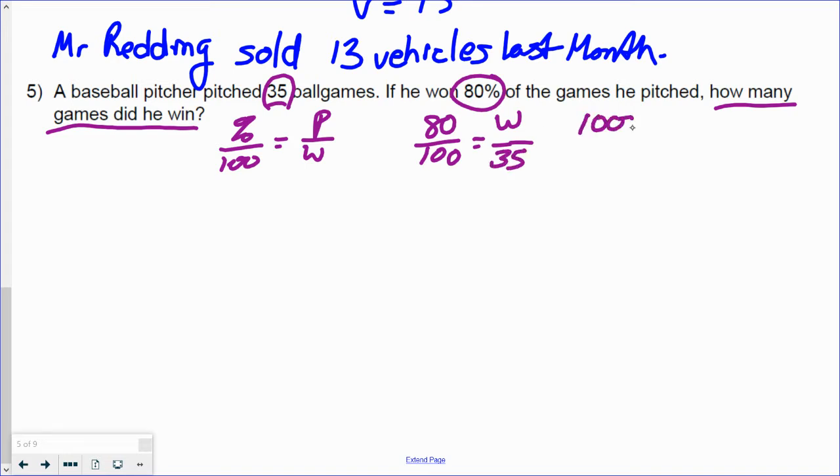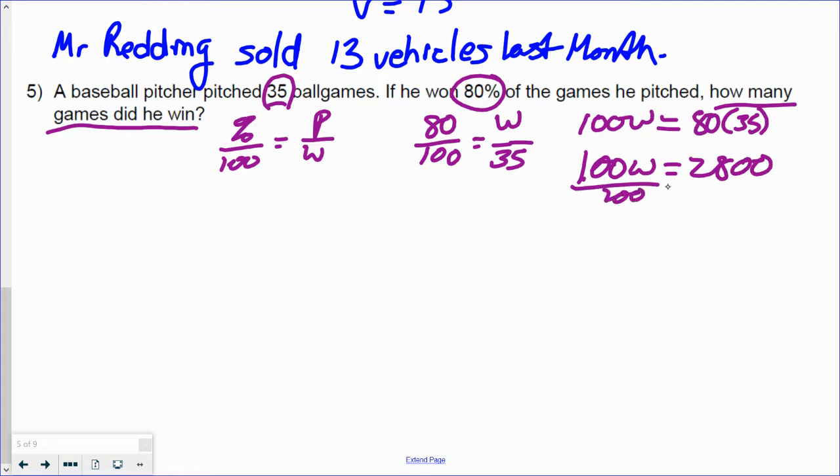So I have 100W equals whatever 80 times 35 is, which is 2,800. So 100W equals 2,800. Divide by your 100, which makes my zeros cancel.